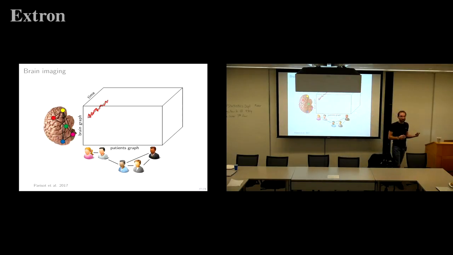We also have different patients that have some similarities. For example, their genetic background, maybe their medical history, their age, and so on and so forth. So we also have a graph of patients. And we also have a temporal domain. Basically, the temporal dimension is how the fMRI signal evolves in time. Okay, so we have this three-dimensional matrix or a tensor. And we want, for example, to predict whether this patient suffers from Alzheimer's. Okay, so it's an example of classification on multiple graphs.